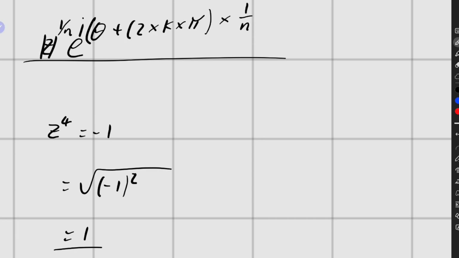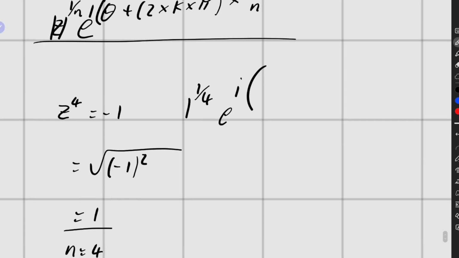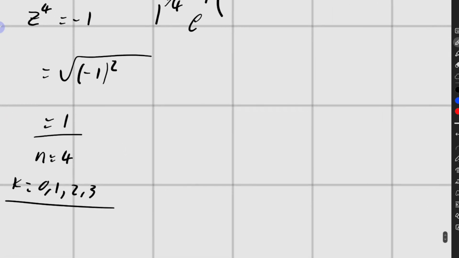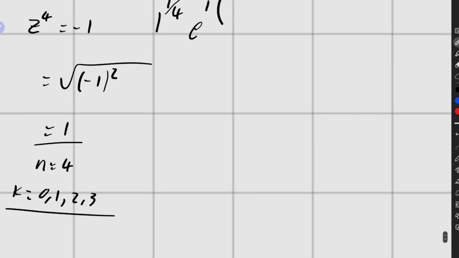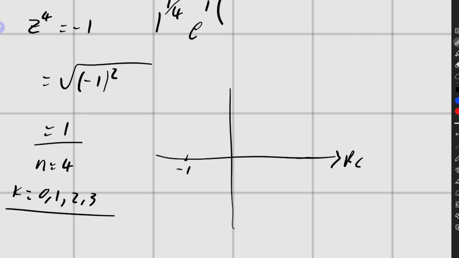So, modulus of z is just 1, to the power of 1 on n, which we said is 4, e to the i theta, alright. Theta is going to be equal to, or in this case, what is this theta going to equal?